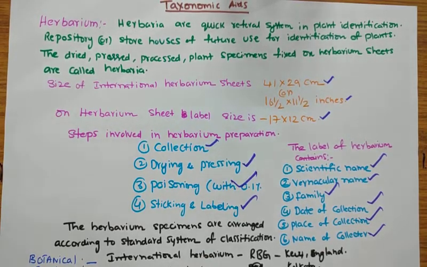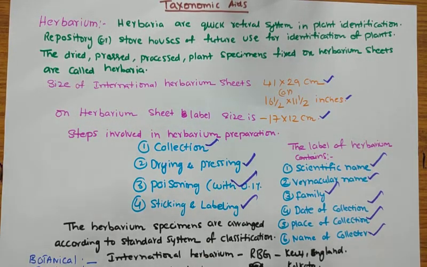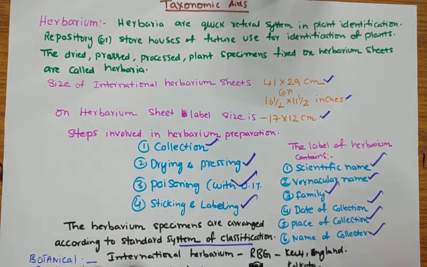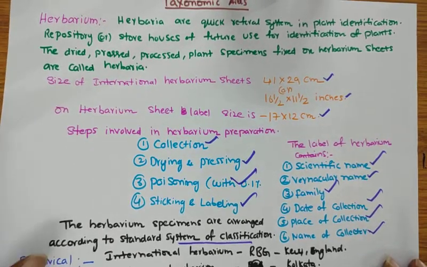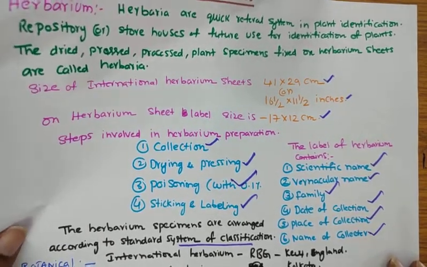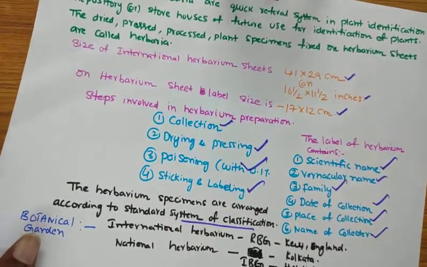An important point: herbarium specimens are arranged according to a standard system of classification. In India, and worldwide, we follow Bentham and Hooker's classification.